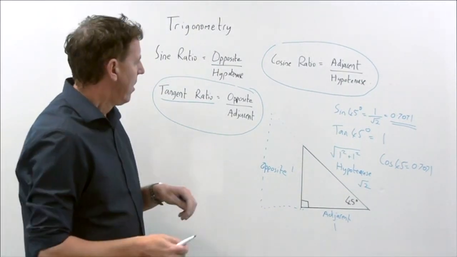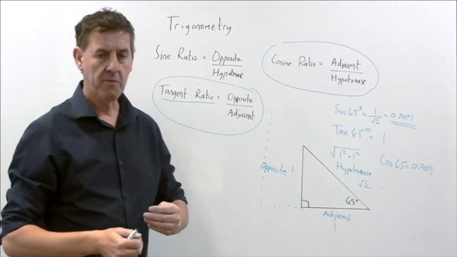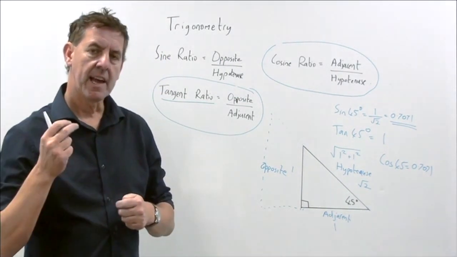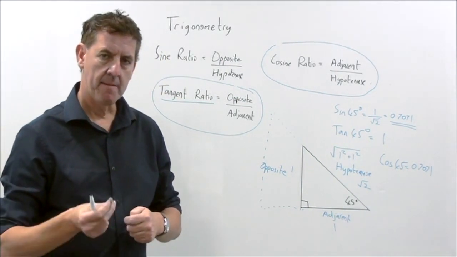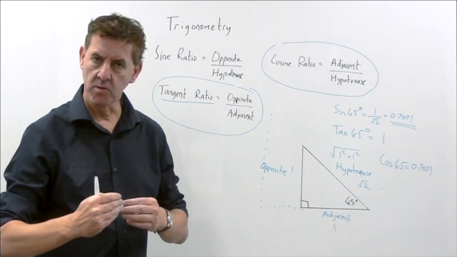So that's quite important because that allows us, if we've got right angled triangles, to calculate missing angles and missing sides because we know these ratios are holding the same.